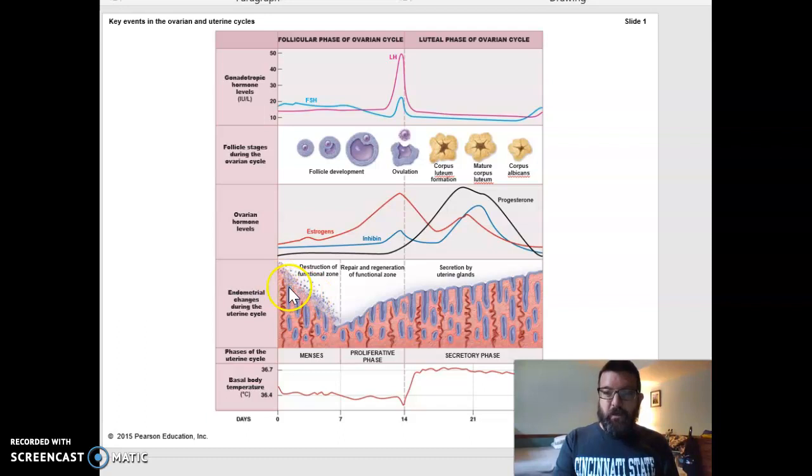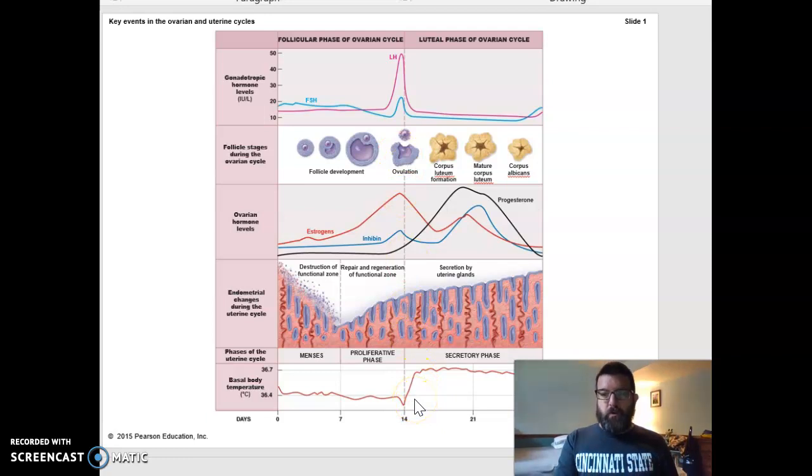Now, as that's happening, you're going to secrete more GnRH, which is going to cause your FSH levels to begin to go up, right? Which is going to cause new follicles to grow, which is going to cause more estrogen to be secreted, which is going to cause this proliferative phase and ultimately ovulation of another egg and a new luteal phase, etc., etc., etc. Now, you may also notice that temperature goes up significantly right after ovulation.